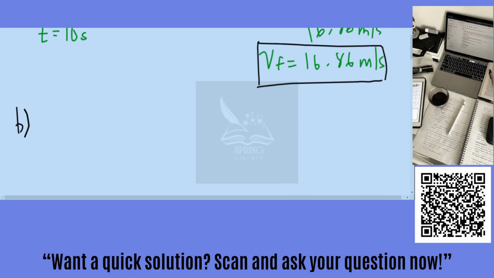We can use this formula here to calculate the displacement while the skis are working. I'm just going to call this D1. And this formula is good because we can ignore the first term. That'll just be 0.